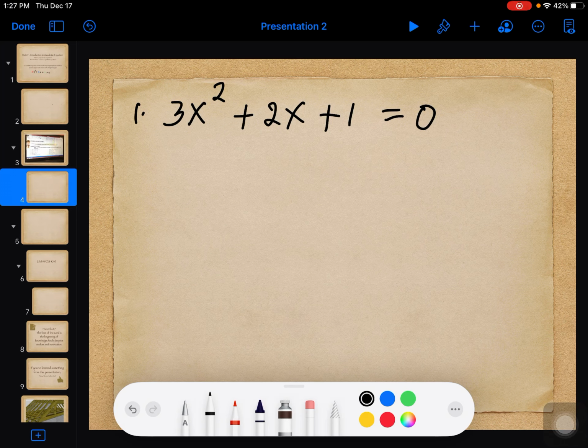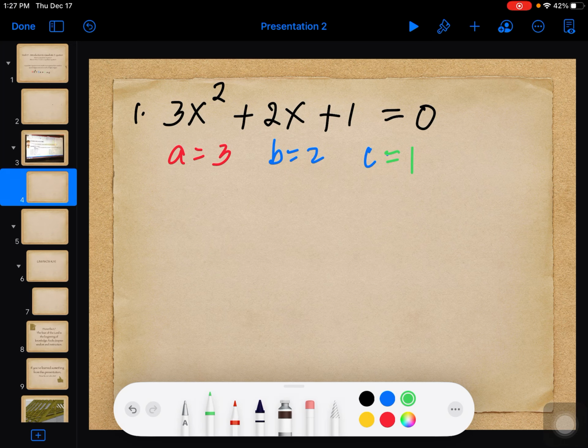So, what is the value of A? Of course, the value of A here, A equals 3, right? Then B is 2, and then C equals 1. Did you get that?